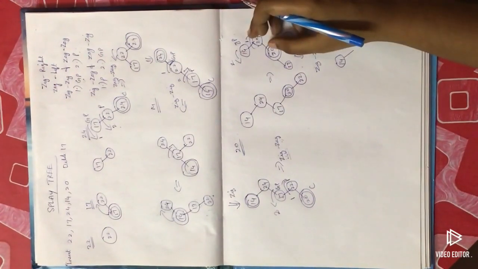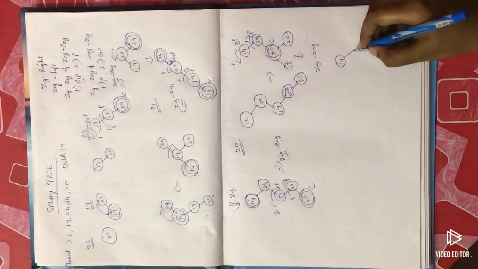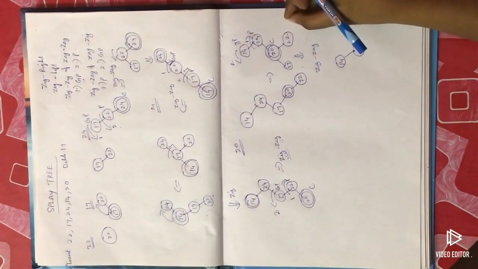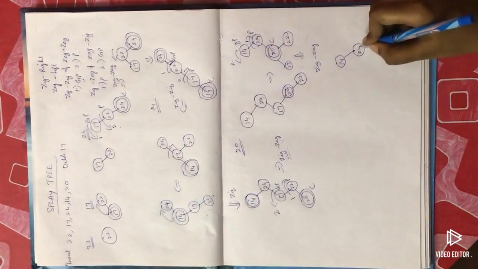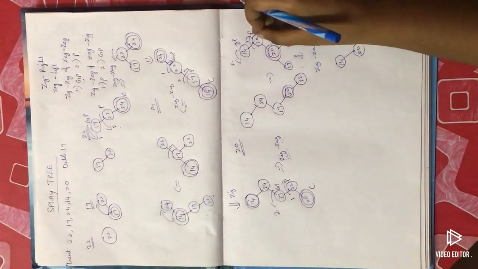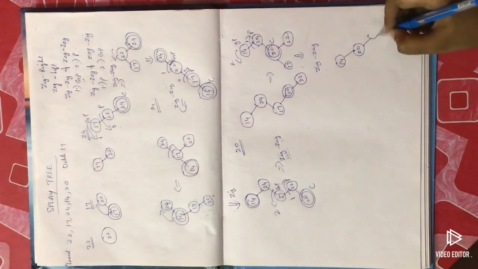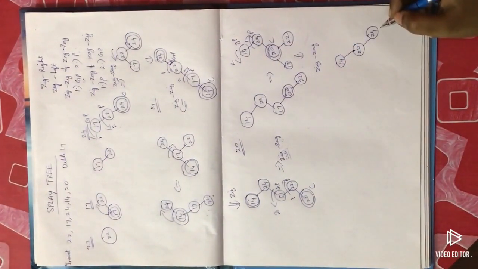So if I rotate this parent to this side, what will happen? I am pulling this down. 20 will be at this position. So don't write 22, we will have some problem. Okay, so I am pushing this 22 down, 24 down. 24 will be here.